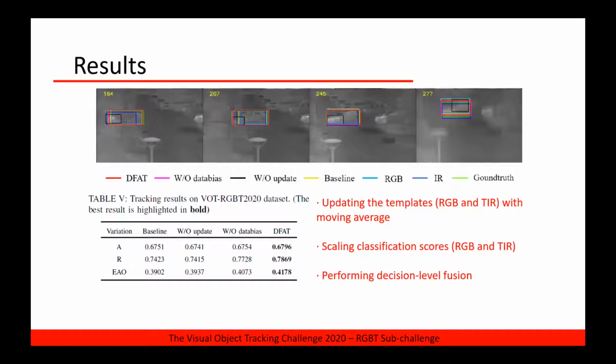And second, as we use the Siamese network trained only on the RGB data for both RGB and infrared channel feature extraction, scaling the output scores can better balance the complementary attributes between these two modalities. Third, decision level fusion can achieve a better performance than some pixel level and feature level fusion strategies.